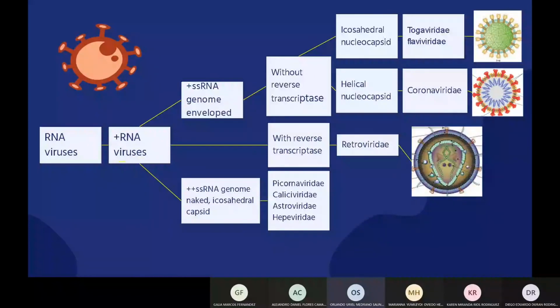Then the Astroviridae and the Hepeviridae. And these are only these families, but then are different because they have other two branches. The genome envelope have the helical nucleocapsid that have the Coronaviridae, and then the icosahedral nucleocapsid that have the Togaviridae and the Flaviviridae, with the reverse transcriptase that have the Retroviridae.